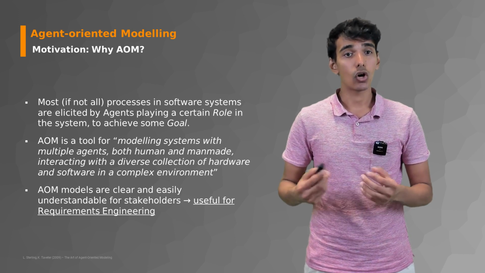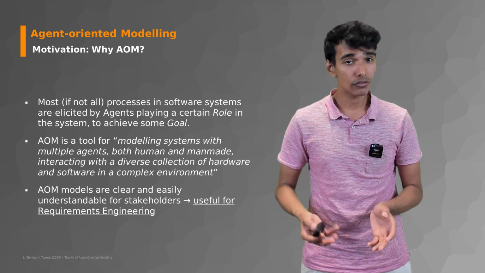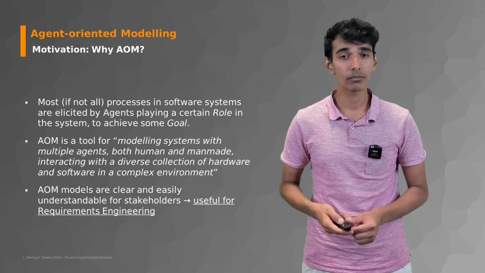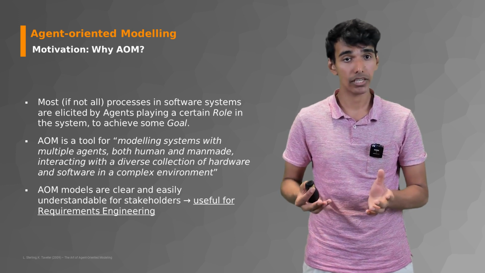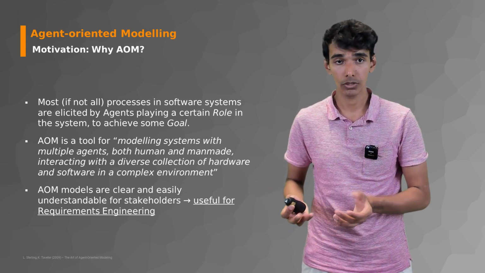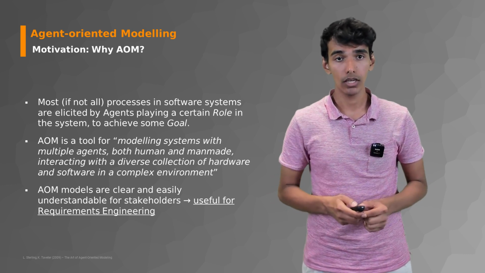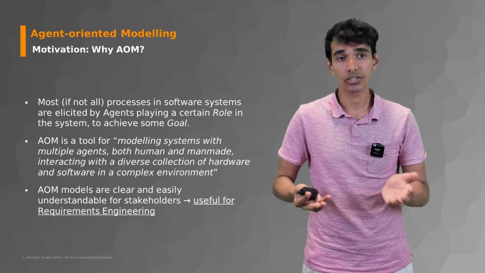Most, if not all, processes in most software systems are elicited by agents that play a certain role in your system to achieve some goal, which is why we call this agent-oriented modeling.